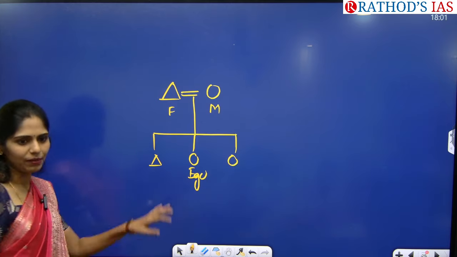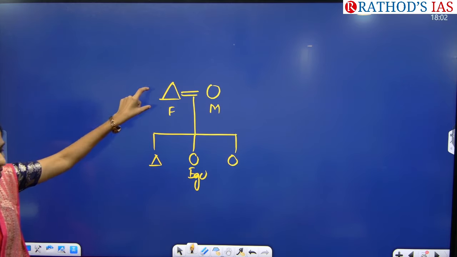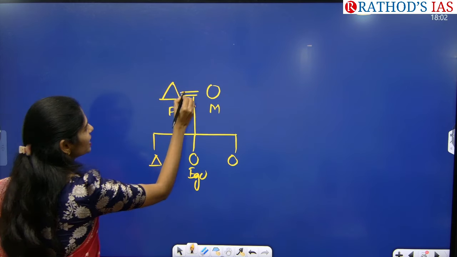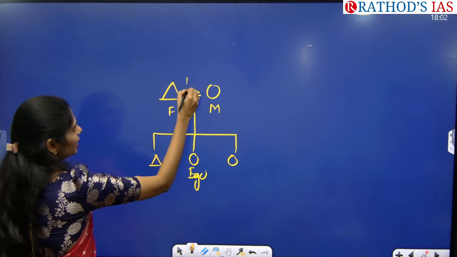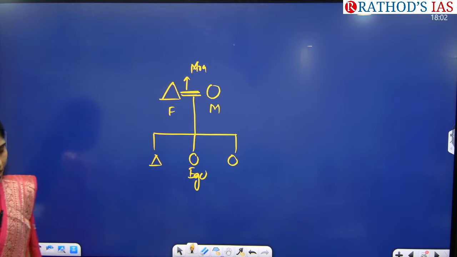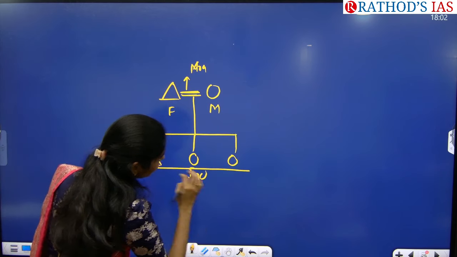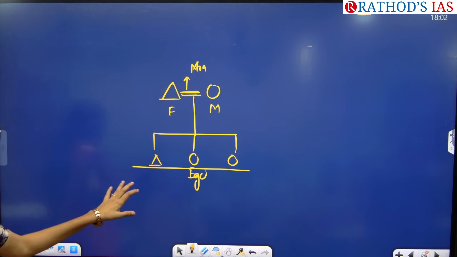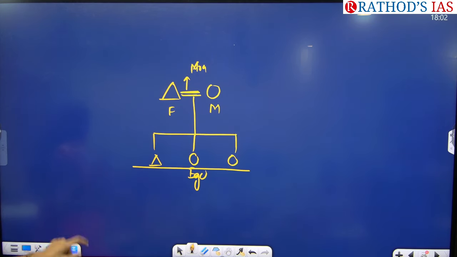So this is your family, for example. So triangle is for men and circle is for female, and the equal sign is the married symbol, and this line will be the next generation, and those present on this line are the same present generation. I think you might have studied this in your CSAT relations, right?